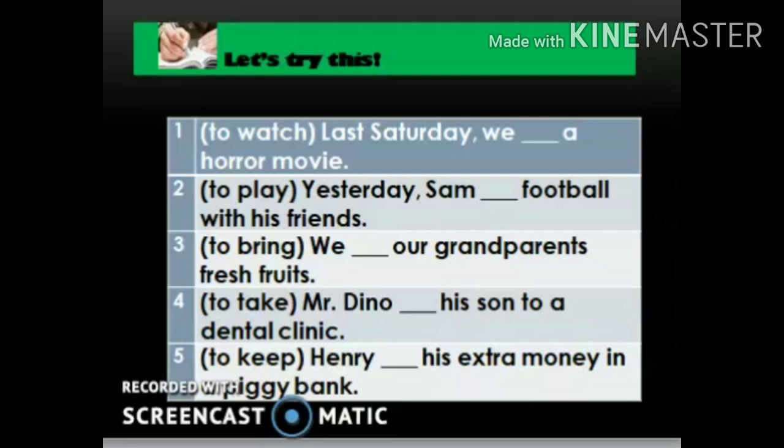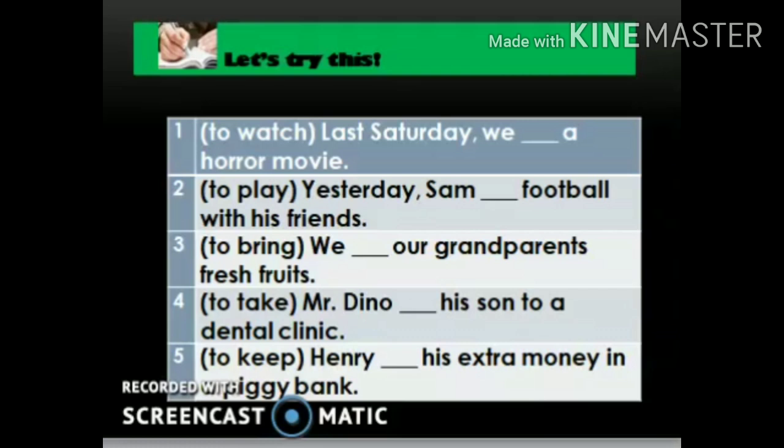Let's have number 3. We blank our grandparents fresh fruits. The answer here is brought. The correct sentence is we brought our grandparents fresh fruits.